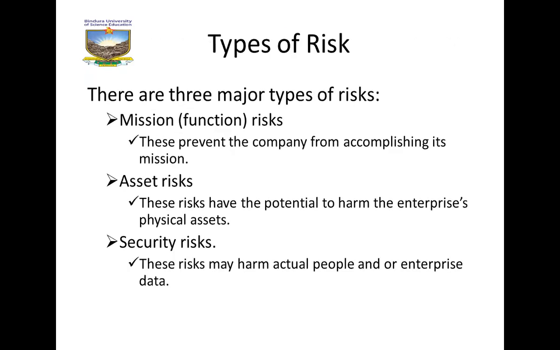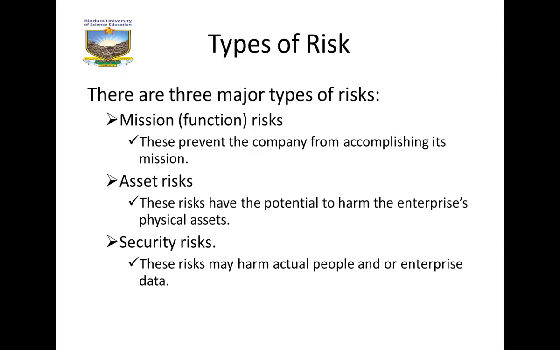All right, there are 3 major types of risks. There are function risks, asset risks, and security risks. The names are quite self-explanatory. A function risk is a risk that will deter or prevent how your company works. That is a problem because then you cannot achieve your goals and the company runs a financial loss.